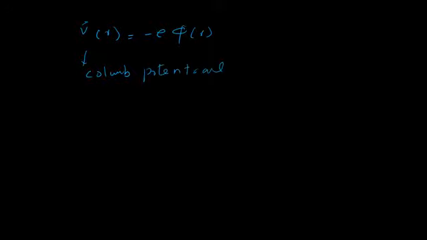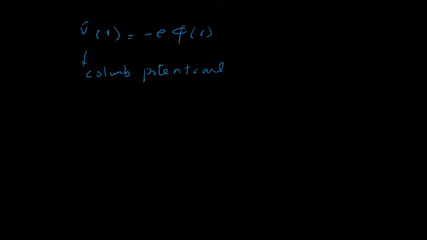Now what is the Coulomb potential of the nucleus? We can write the Coulomb potential of the nucleus as V(r) = -e φ(r), which is also called the central force field of the nucleus.